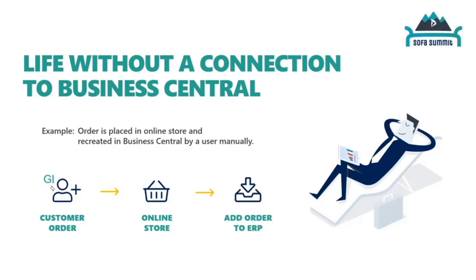Your customer places an order. It could be a big order, small order, big value, small value, wherever it may be. That order gets placed into your e-commerce online store, and it sits in your online store and stays there. You can log into your online portal and see that order that Joe Bloggs or whoever it may be has placed.